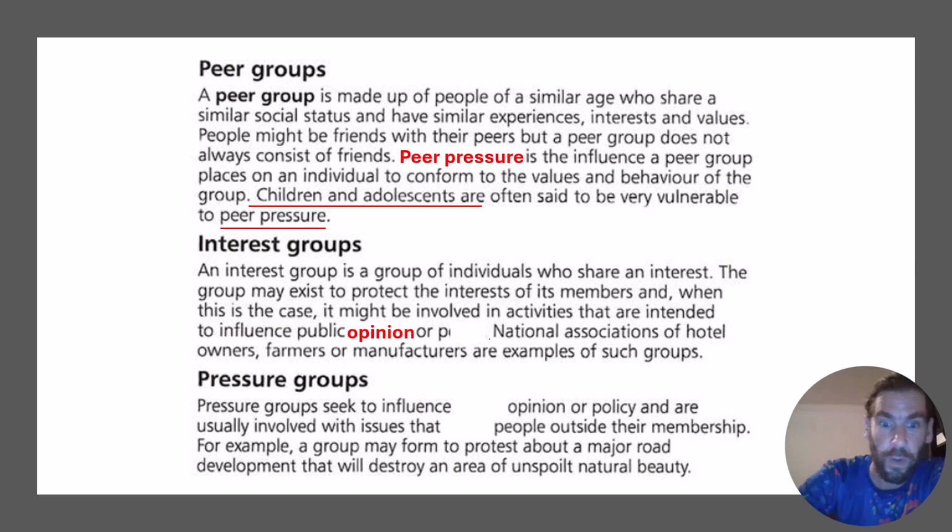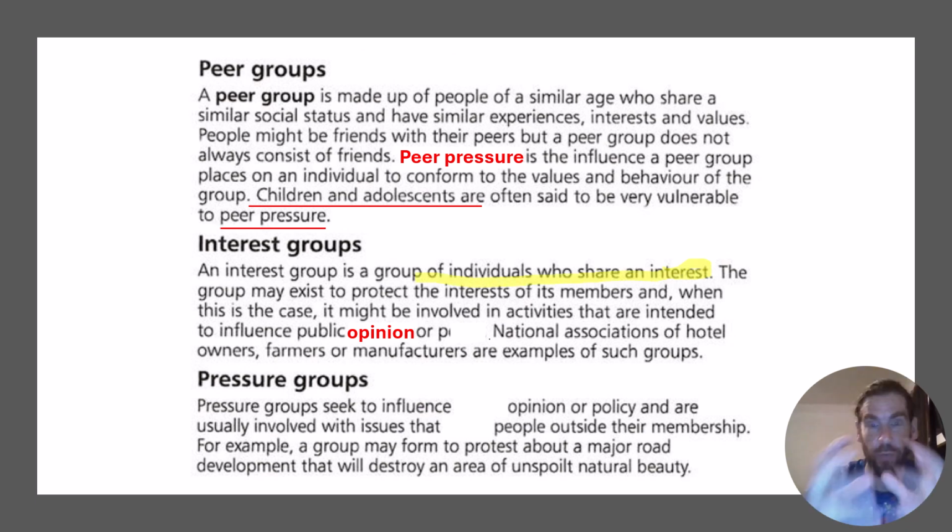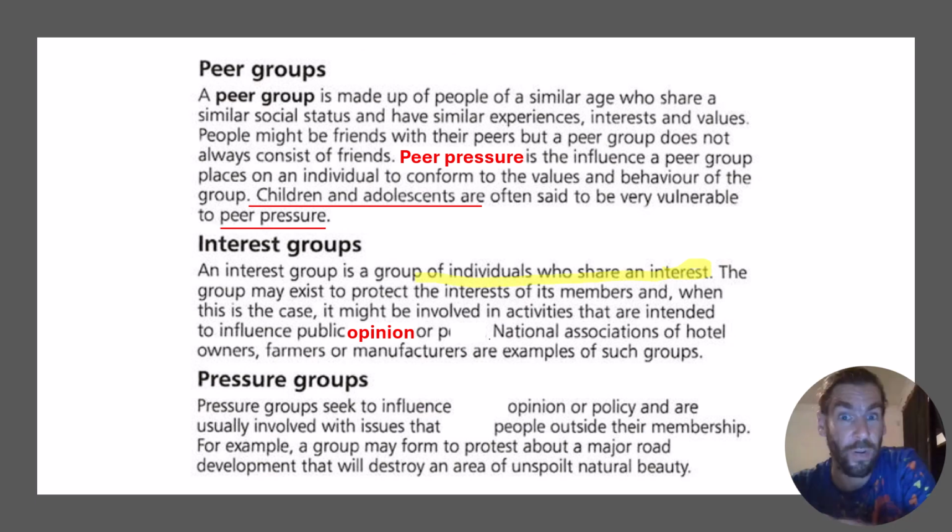The second one, interest groups. An interest group is a group of individuals who share an interest. So they have an interest concerning their neighborhood, ng barrio, concerning the pollution of a factory, for instance, raffinaderia, and the group may exist to protect the interest of its members, and they organize activities to influence public opinion.